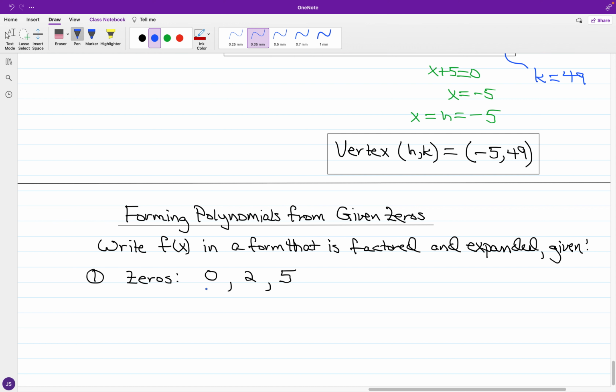Think of this like your zeros. Think of it like working backwards. So you have x is equal to 0, x is equal to 2, and x is equal to 5.